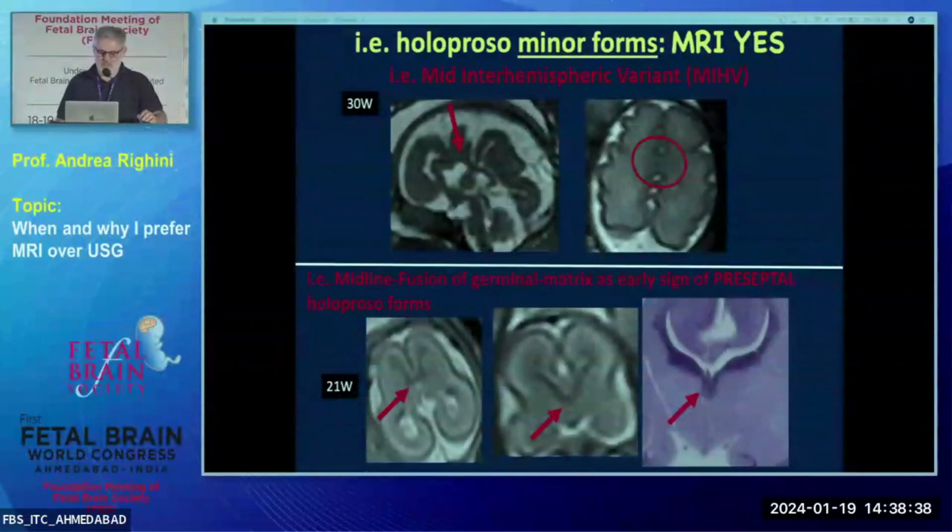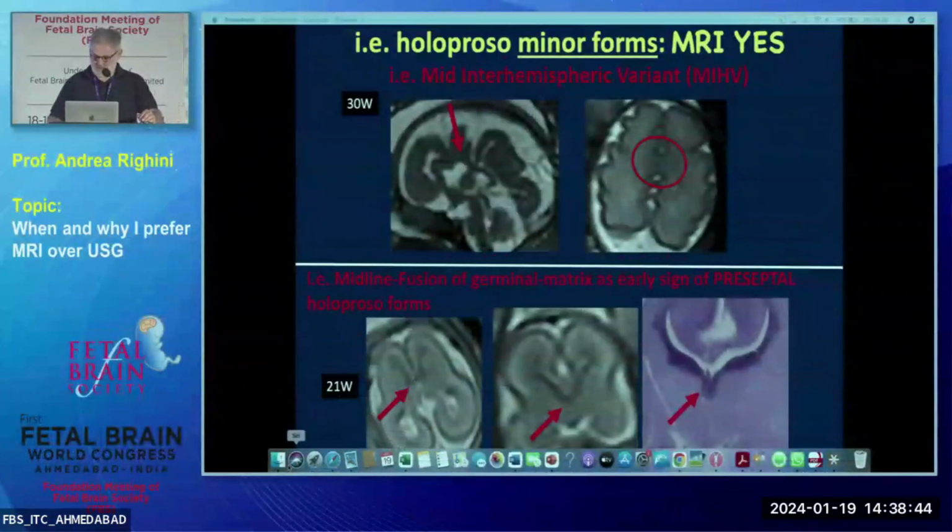You can depict the germinal matrix, which is fused in the middle. That means this is a variant, probably in the range of holoprosencephaly, and it tells us that the parenchyma is fused because weeks before, the germinal matrix itself, which formed the parenchyma, was fused. This is a quite nice demonstration of that.